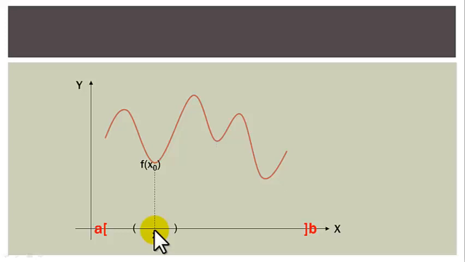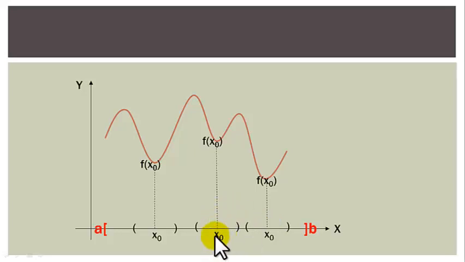The second local minimum point is here, x0, and the value of the function at the point x0 is here. Then the small neighborhood around this point x0 is this. We also have a local minimum point here, whose function value is f of x0, and the small neighborhood around the point x0 is this.